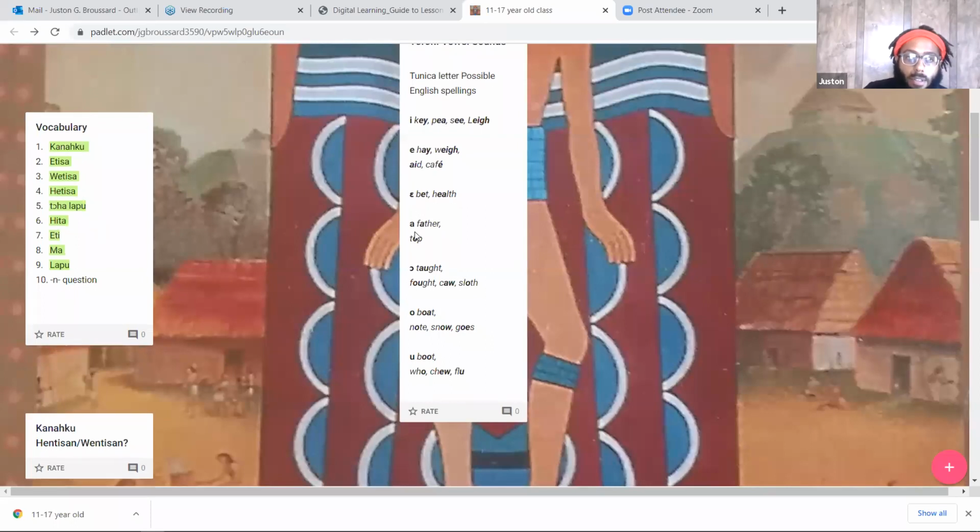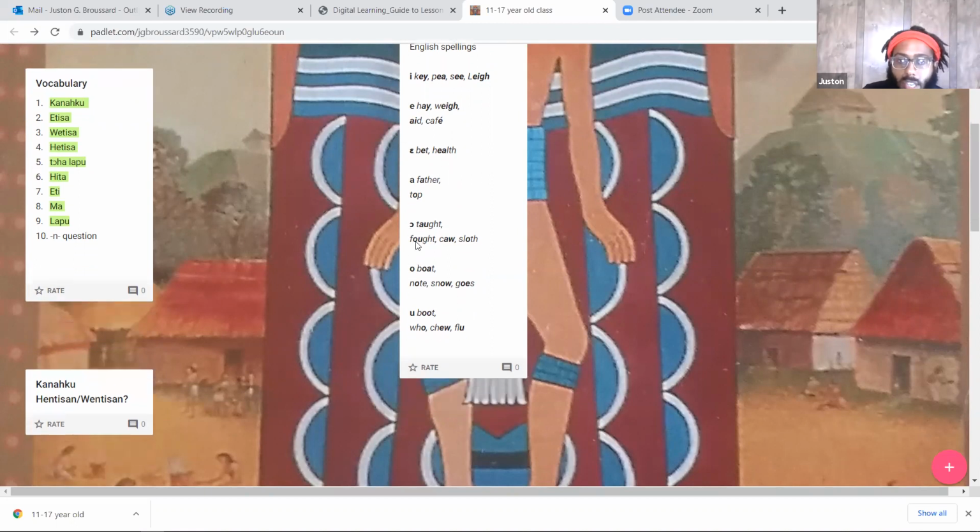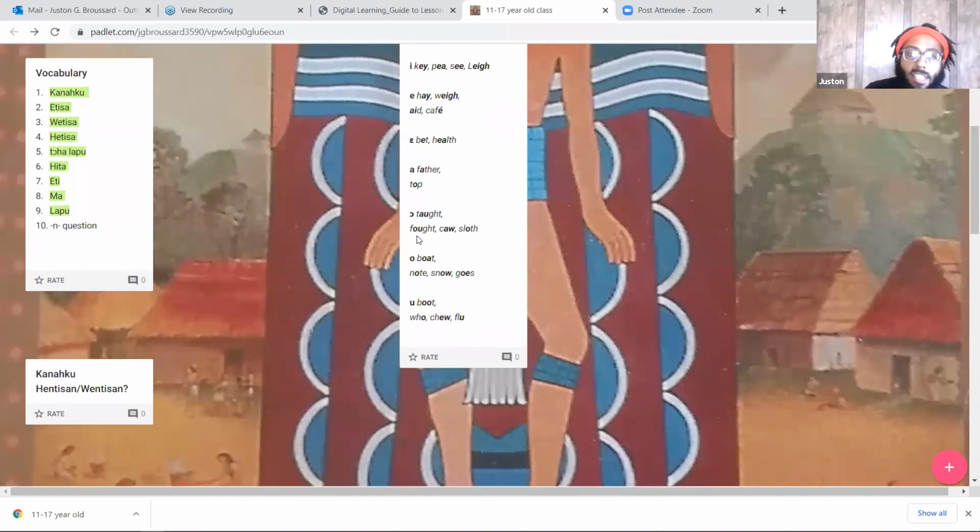A is pronounced as in father or top. I would say it is more of, I would like to say, a rounded vowel. And of course, I could be wrong in saying that. However, that's how I would describe it as it comes out.